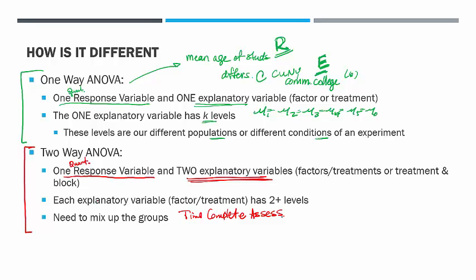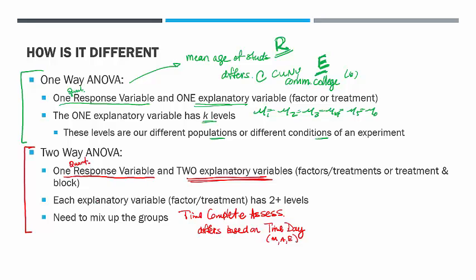Maybe the DMV is concerned with how long it takes people to complete the written form of the driver's exam, right? And they wonder if it differs based on the time of day when someone takes the exam, and maybe that's morning, afternoon, or evening, as if the DMV is open in the evening. Go with me here.